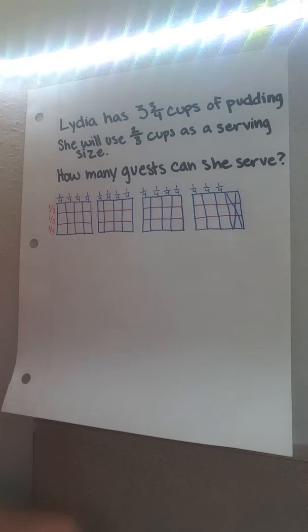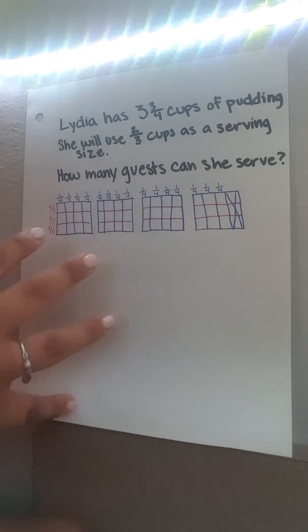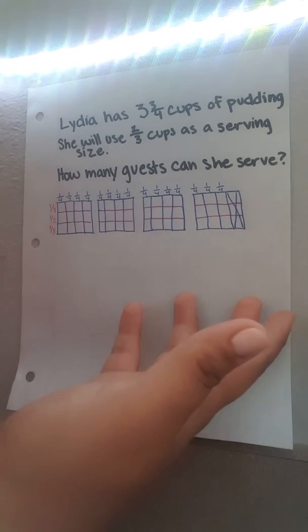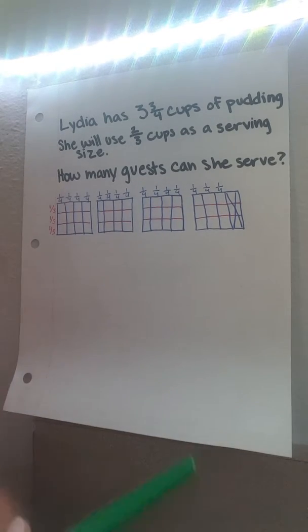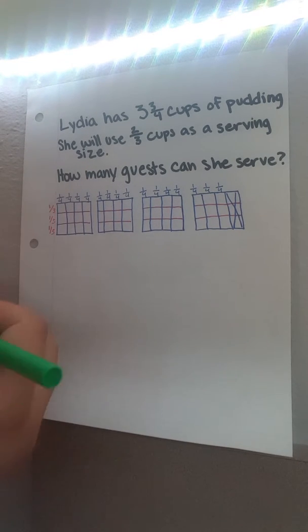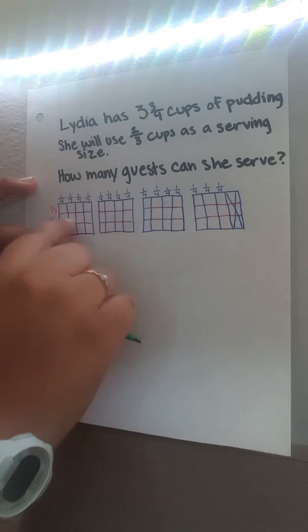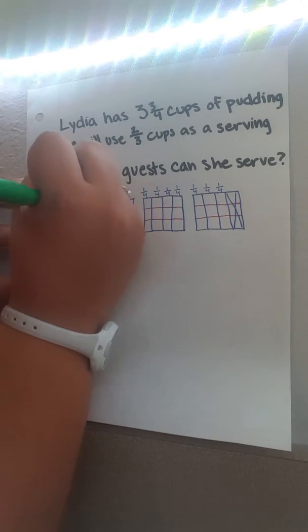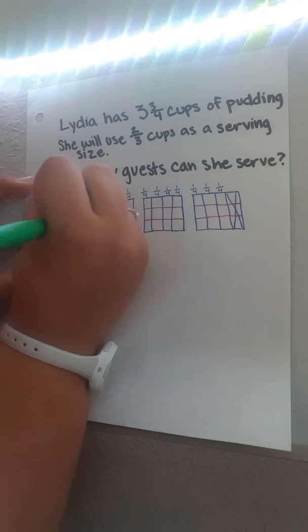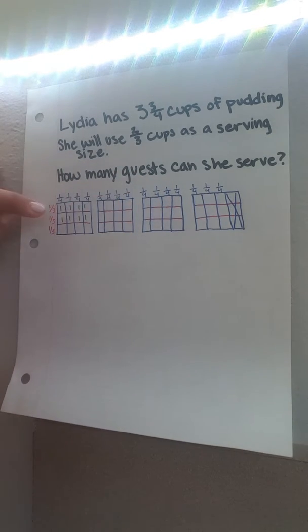Okay, and so now that we have everything split up into thirds, and we know that she has 3 3/4 already laid out, I'm going to take yet another color, and I'm going to portion off the serving sizes. So for example, I'm going to do this first 2/3 straight across for person 1. I used the number to symbolize the person that would get it.